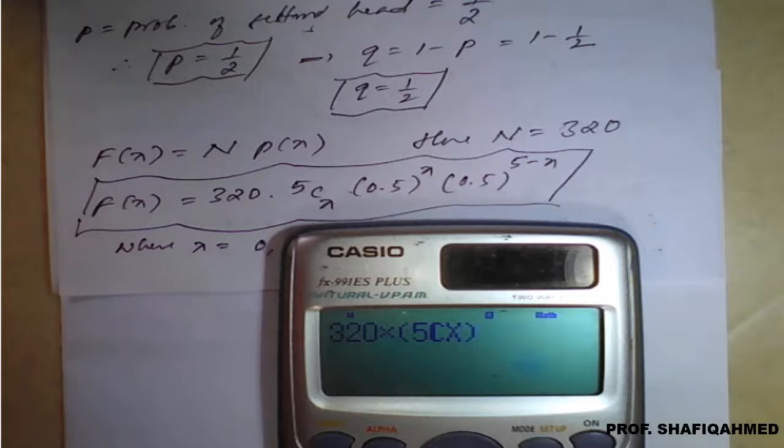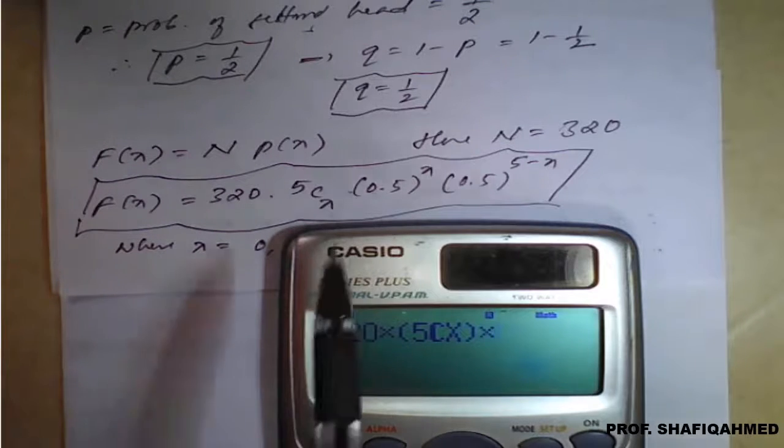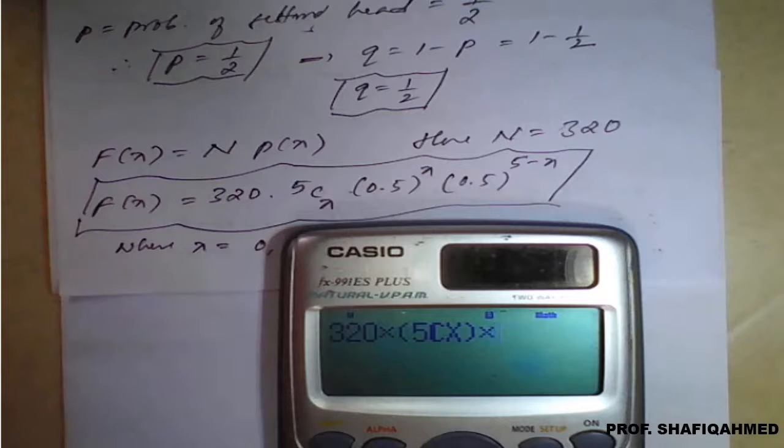Close the bracket, into next 0.5 raised to alpha x, close the bracket, into the q value, that is 0.5 raised to n minus x, that is 5 minus alpha x, close the bracket, again close the bracket. Now calc option, we'll see now.